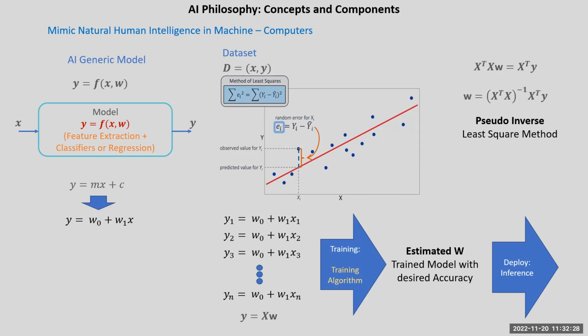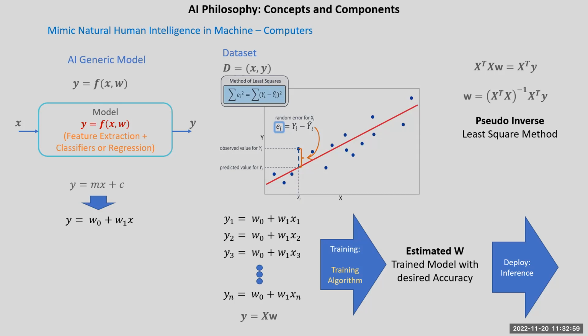So there are two steps involved in designing an artificial intelligence deep learning model. Step one is training, and step two is inference. Training will estimate the parameters of the model W, and once you achieve the desired accuracy or error, it can be deployed in a real life application, and the process is called inference.